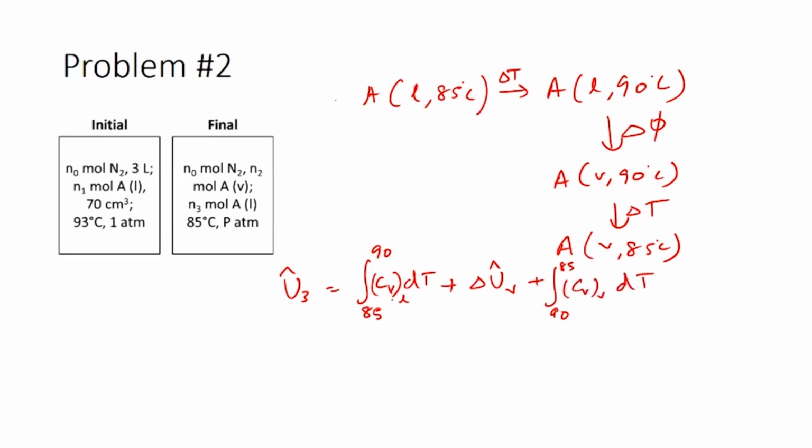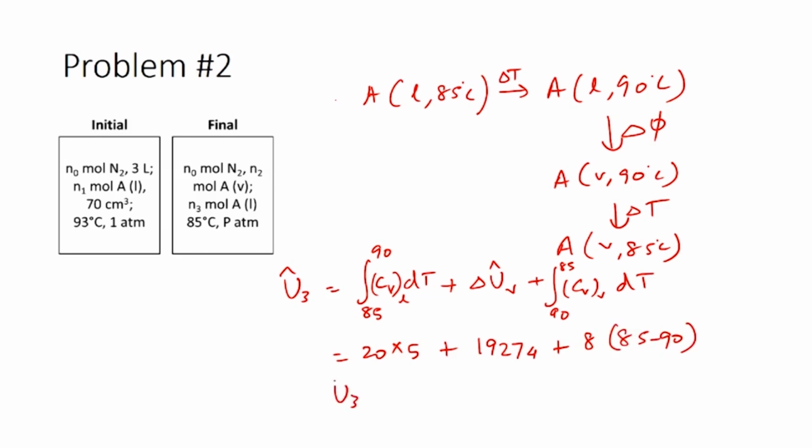So, CV of liquid was identified to be 20 calories per mole degree Celsius, times 5. So, 20 times 5, plus the change in internal energy, which was 19,274, plus here you would have CV as 8 times 85 minus 90, which is minus 5.